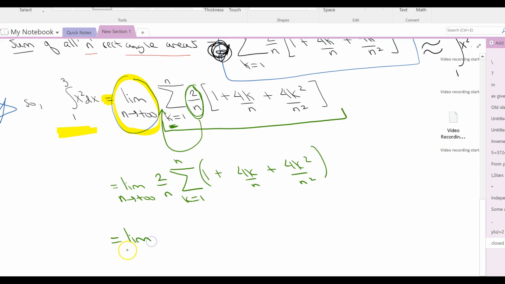The limit as n approaches positive infinity of 2 over n. Okay, so what I'm just going to do, just for the purpose of clarity, is make it very clear that I want to flesh the summation out quite a bit. Now look here. The summation of a summand that involves terms, or in other words, the summation of a sum, right?